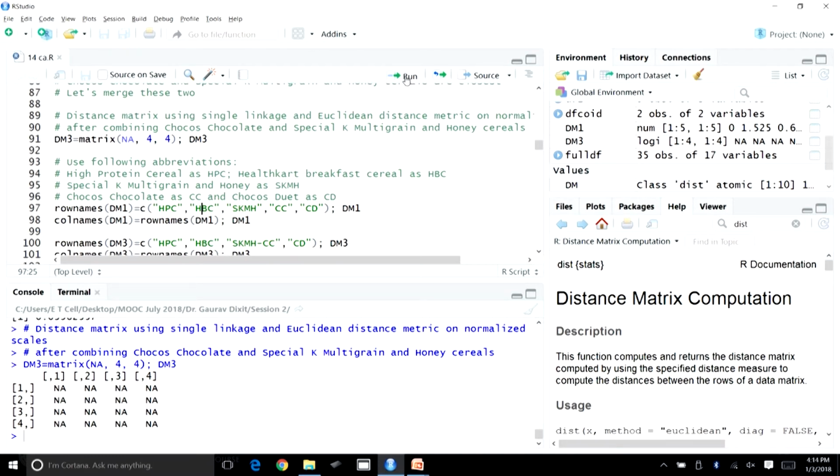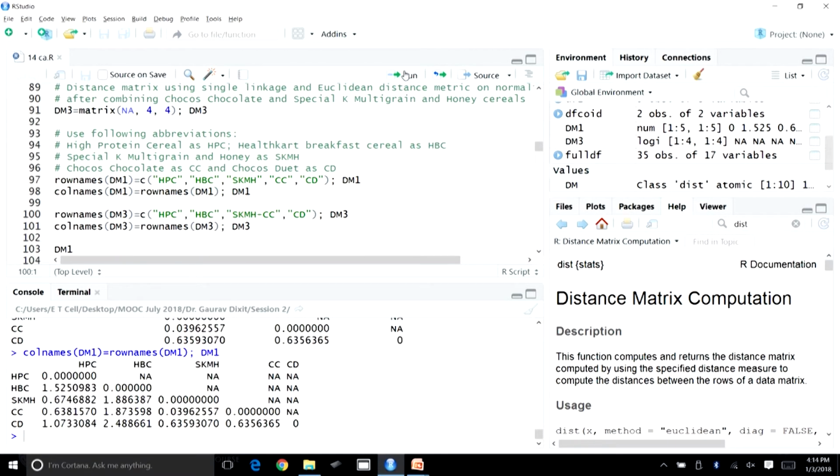Let us run this code. Now you can see in DM1, the original distance matrix with the 5 cereals, we had identified that these two are the closest cereals, CC and SKMH.